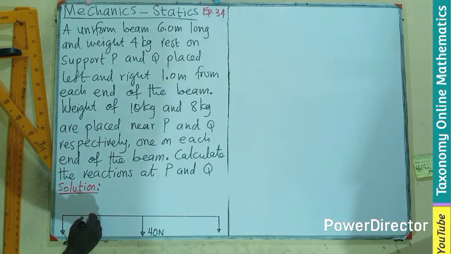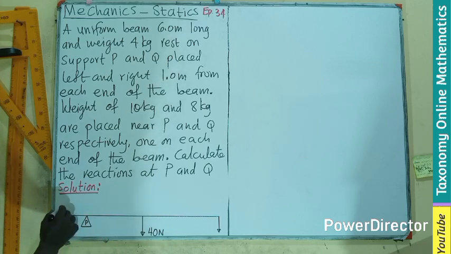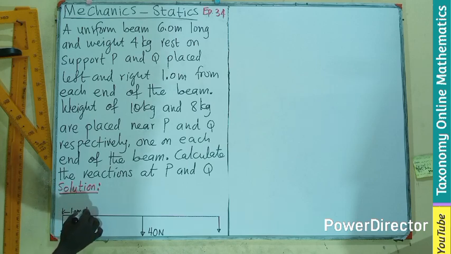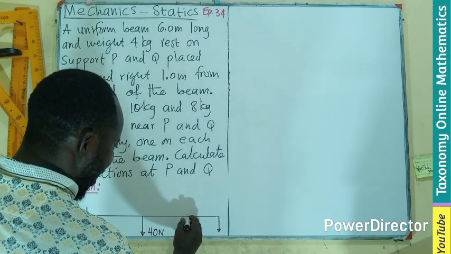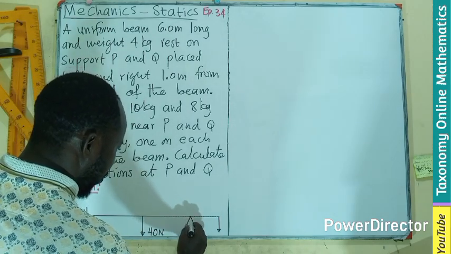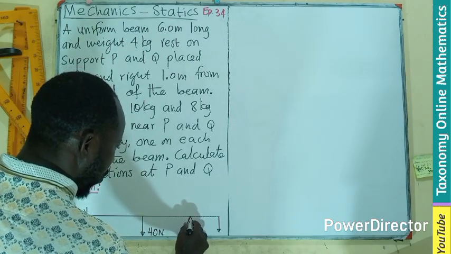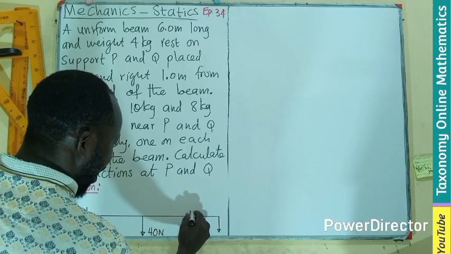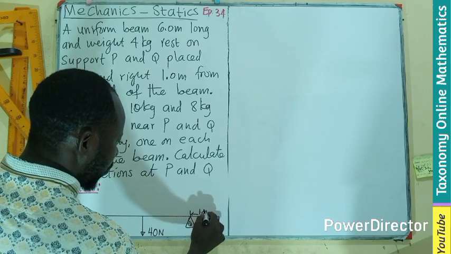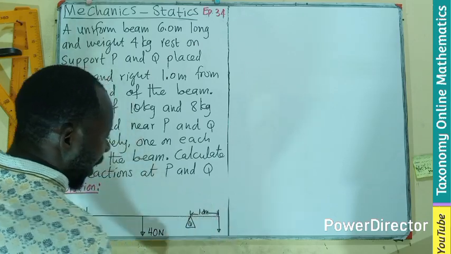There is a support which is measured 1 meter away. So let's say this support is going to be P, which is 1 meter away from the end. Then there is also another support, which is Q, 1 meter away.